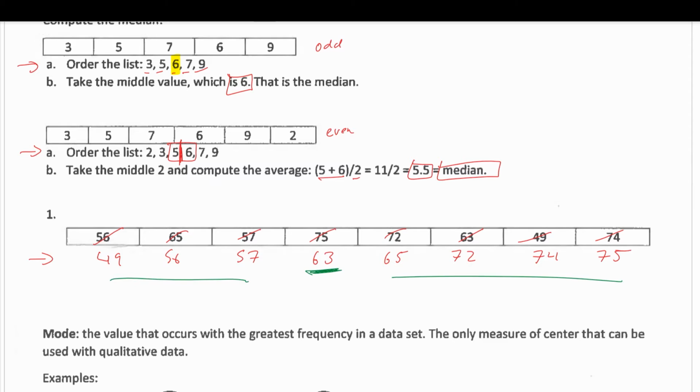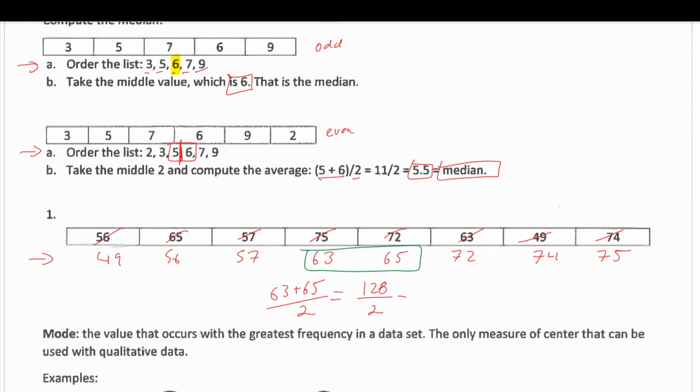So that definitely can't be the median. So it has to be between the fourth and the fifth value. Okay, so it's going to be between these two values. And of course, we have to add these two and divide by 2. We get 128. Divided by 2 is 64. So that's the median.